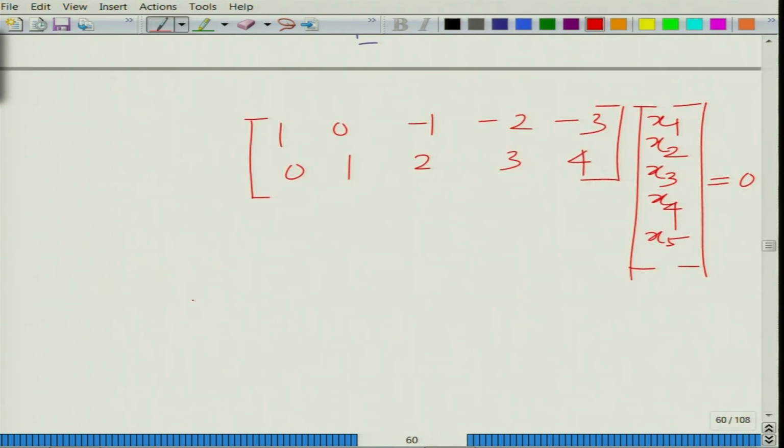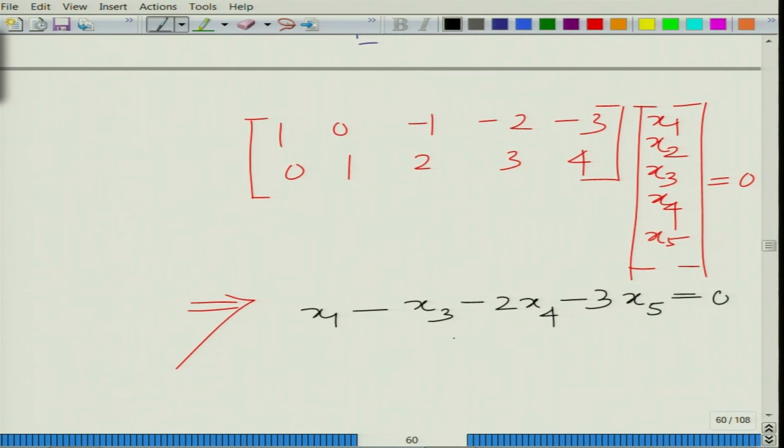Expanding the conditions, x1 minus x3 minus 2 x4 minus 3 x5 equals 0, which implies x1 equals x3 plus 2 x4 plus 3 x5.